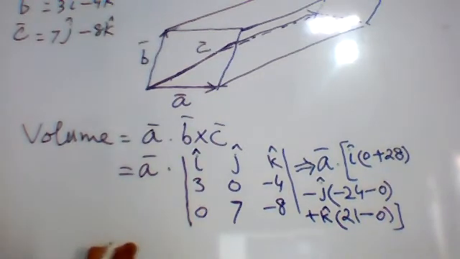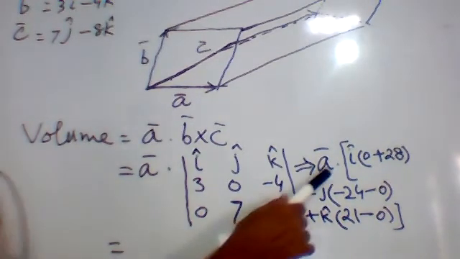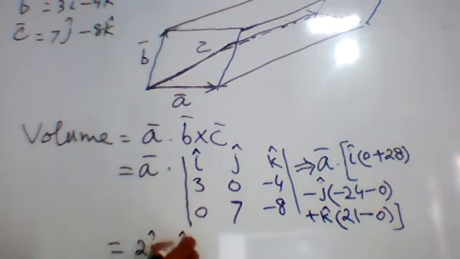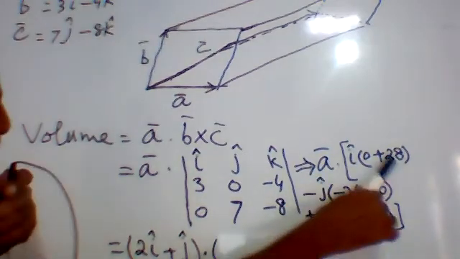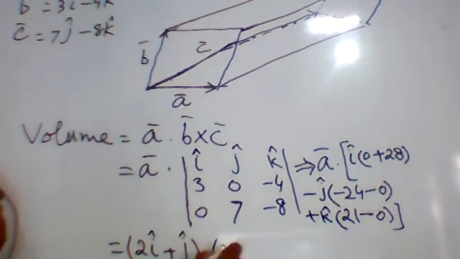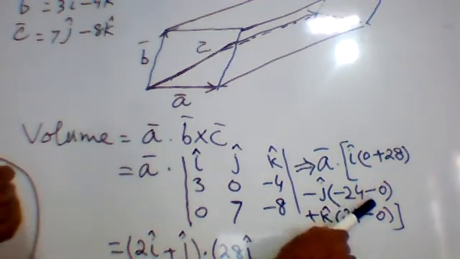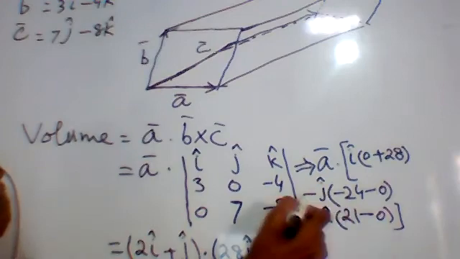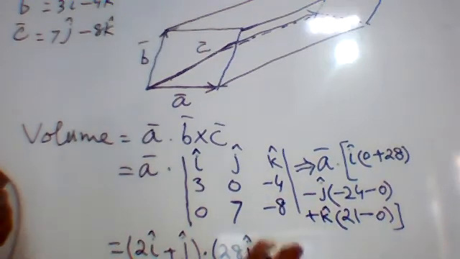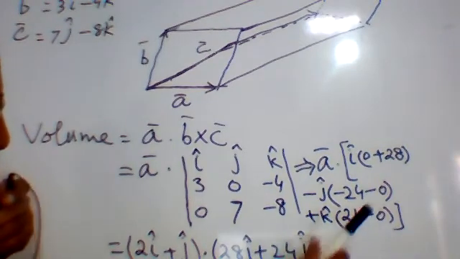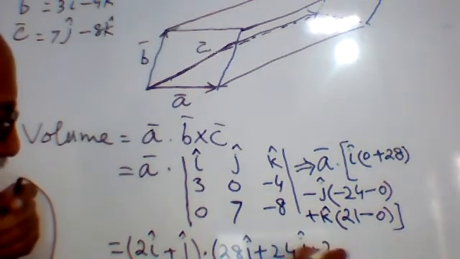Now here we write the value of A: A is 2i plus j, then dot 28i, minus 24 into minus j will be plus 24j, then 21 minus 0 will be 21, plus 21k.